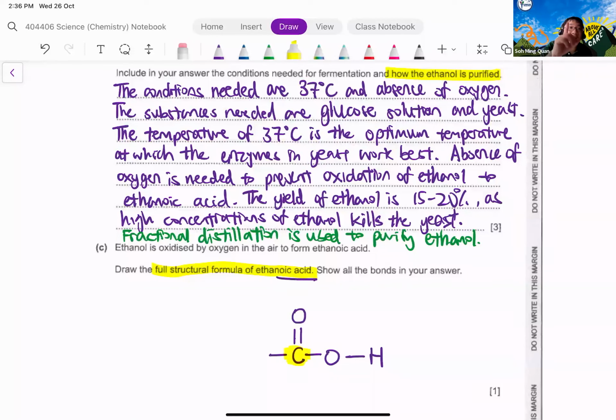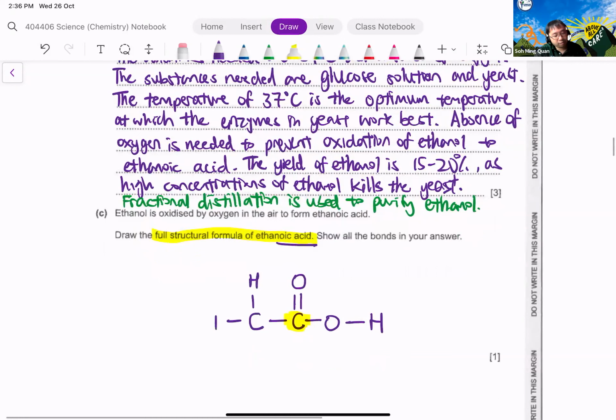Remember, there's already 1 carbon in the COOH functional group. So you only need to draw 1 more carbon. Okay? So please don't be tricked. Carboxylic acids, you must be careful because there's already 1 carbon atom in the functional group. Then you just have to complete the blanks and ensure that every carbon atom has 4 bonds around it. Okay, so that's the structural formula of ethanoic acid.